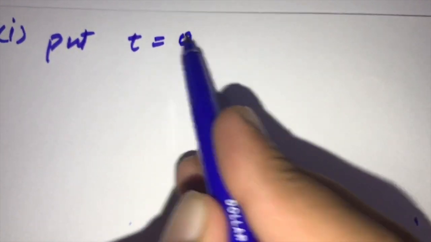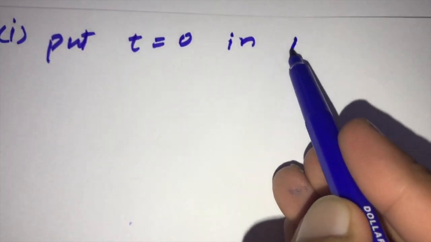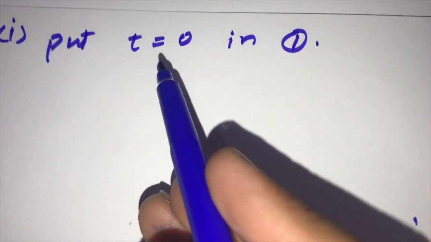This is our part 1. We solve this for part 1. Put t equal to 0 in equation 1.